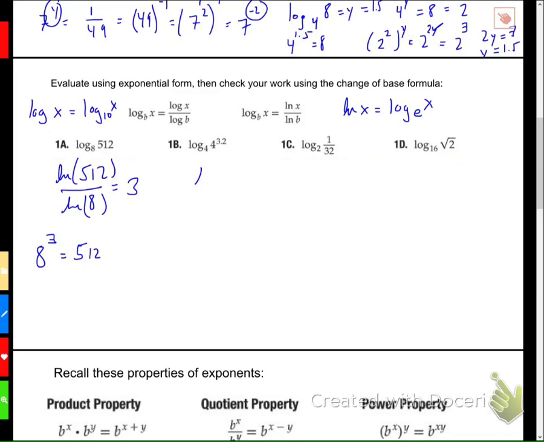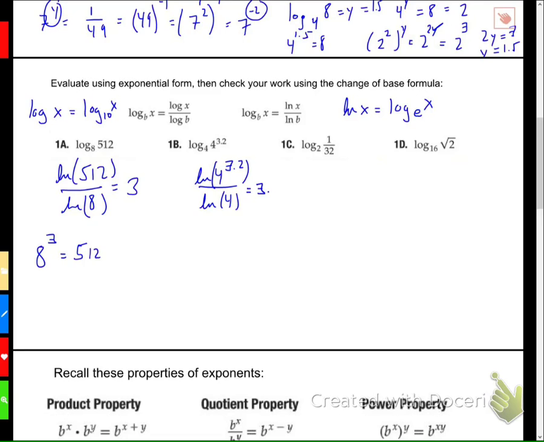Okay, so this next one here, natural log of 4 to the 3.2 all over the natural log of 4. Now, you can type it straight in, and if you do it with parentheses, it should give you 3.2.